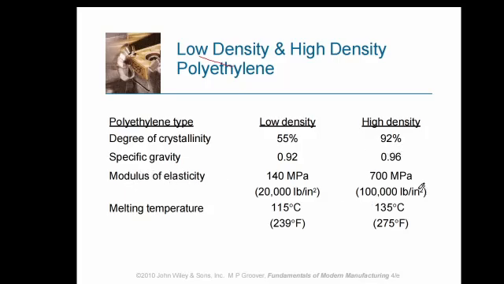And for elasticity, the modulus of elasticity for high density polyethylene is 700, whereas for low density it becomes 140 MPa. And the melting temperature increases for high density polyethylene, whereas that for low density it's lower. And the modulus of elasticity is more of an inverse of elasticity.